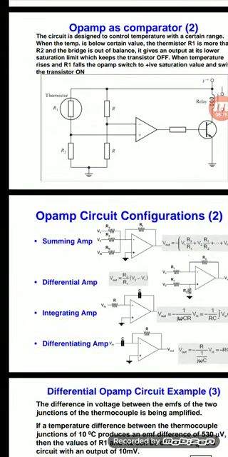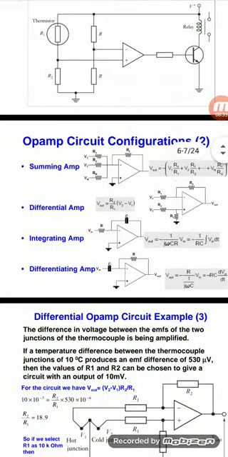Next, with the op-amp we can interface a summing amplifier, differential amplifier, integrating amplifier, and differentiating amplifier. These amplifiers use capacitors and resistors. For the summing amplifier, we give some resistors in parallel condition.